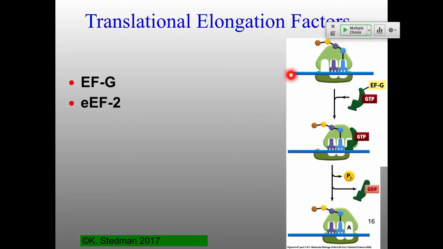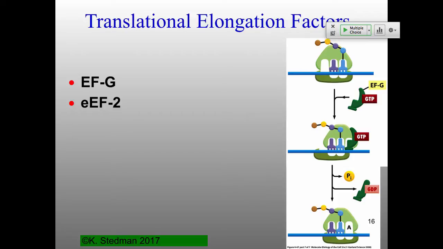So EFG in bacteria and eukaryotic elongation factor 2 are the ones which help move the ribosome along your messenger RNA. Again, you don't absolutely need them. You get this activity in the absence of these factors, but they speed things up considerably. And again, it's all about GTP hydrolysis causing a conformational change, which will then be coupled to another conformational change.